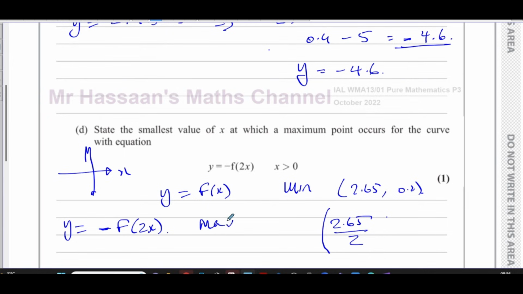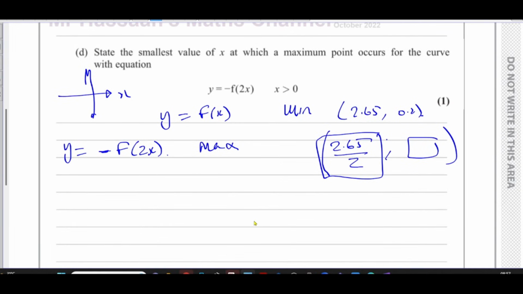So we don't have to worry about this coordinate, but this now is going to be the x coordinate of the maximum, because it's reflected in the x-axis, so what was the minimum now becomes the maximum.